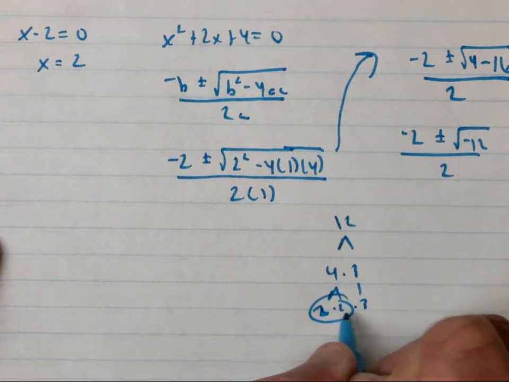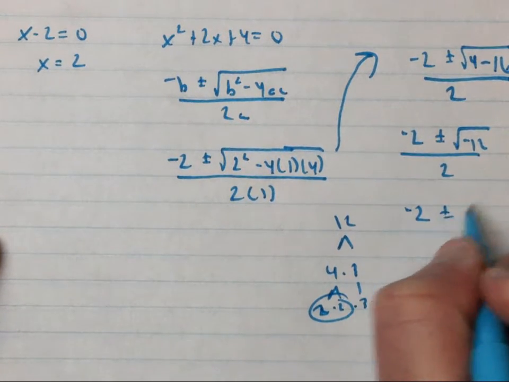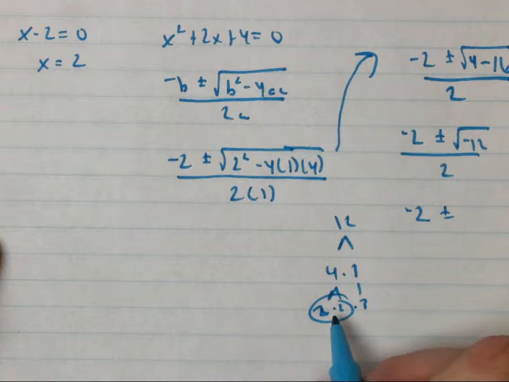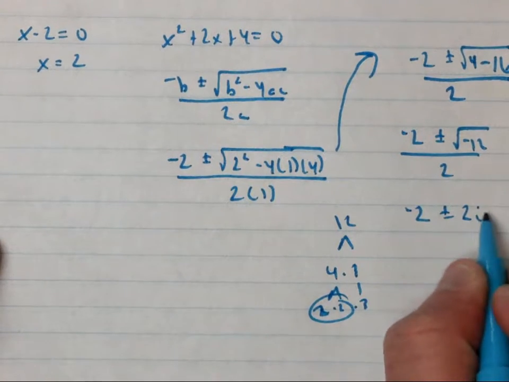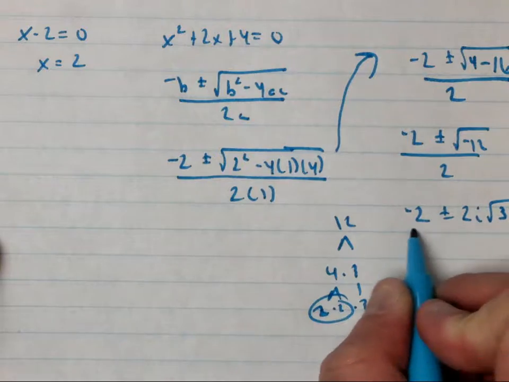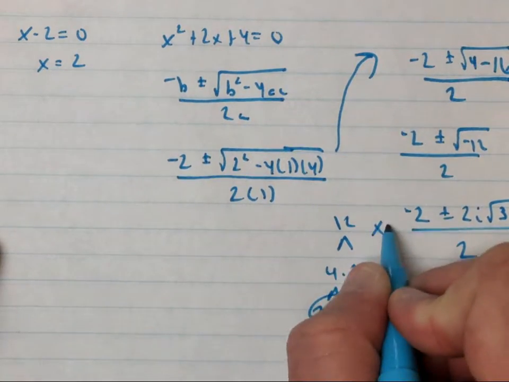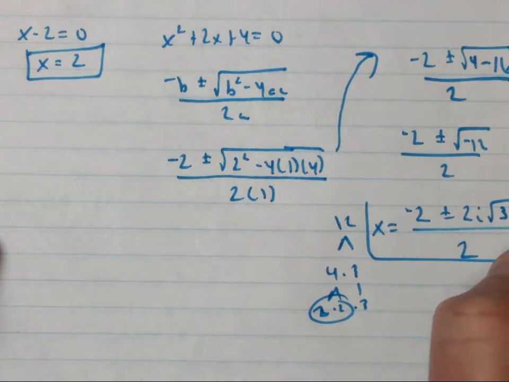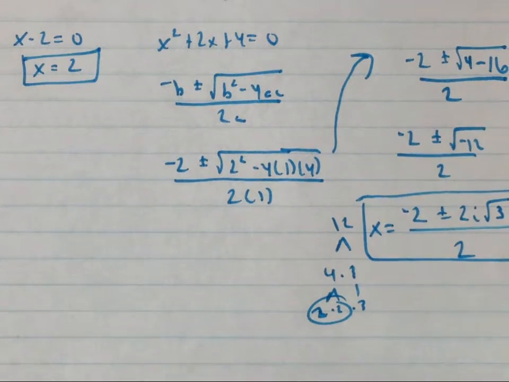I have a group of 2, so you can bring that 2 out. And since there's a negative under the radical, you know that's going to be an imaginary unit. So when I bring this 2 out, I'm going to bring an i out as well, leaving that 3 under the radical. So your zeros are x equals 2 and x equals this complex number here.